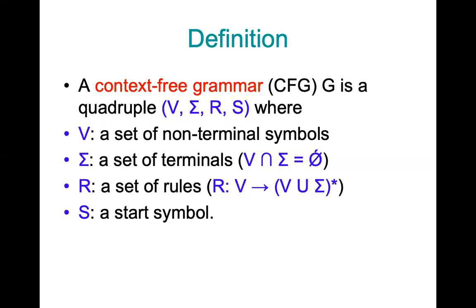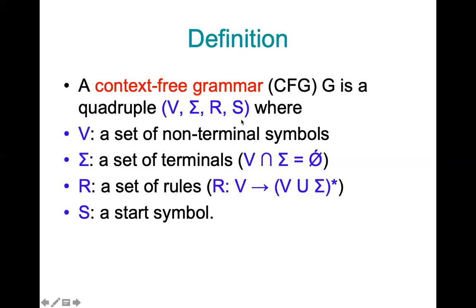Sigma is the set of terminals, normally small letters. R is the set of rules, which can also be symbolized as P, meaning production rules. And S is the starting symbol, the symbol from which we need to start our production.